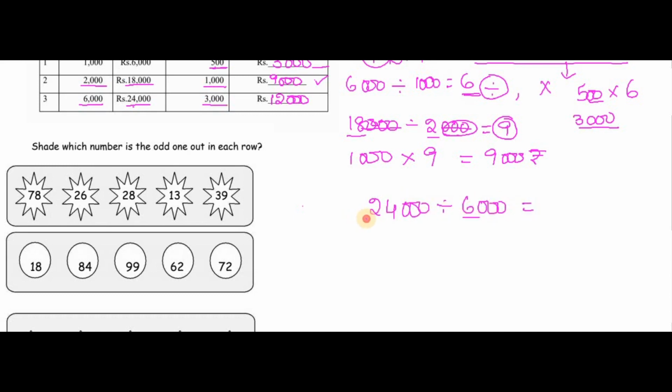Just calculate 6 and 24, because we have the same number of zeros. 6 4s are 24. So we want to find the cost of 3,000 bricks. One brick is 4 rupees. 4 3s are 12. So you got here 12,000 rupees.